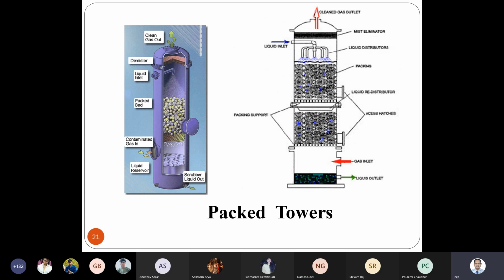Then the last one, or the most versatile and most important gas liquid contactor of liquid dispersed type, is the packed tower. So the packed tower looks like this. On this view, you can just see here, inside some central region, there is packing, with some kind of material that we'll discuss.